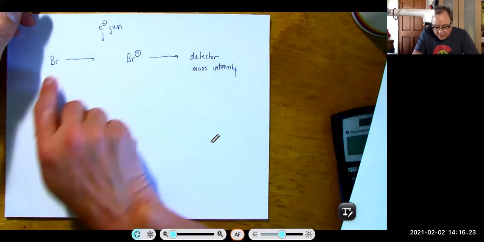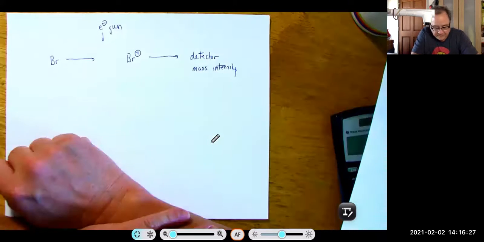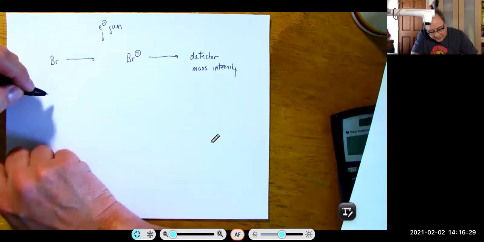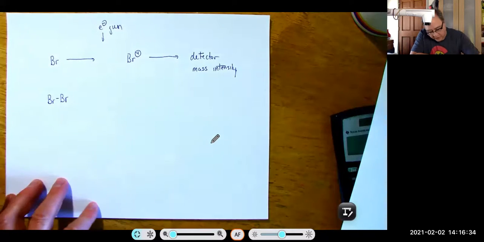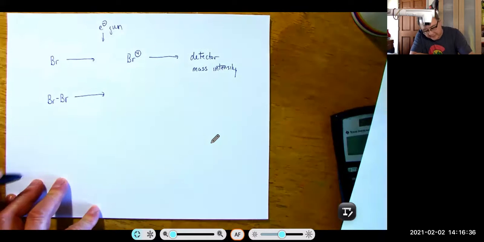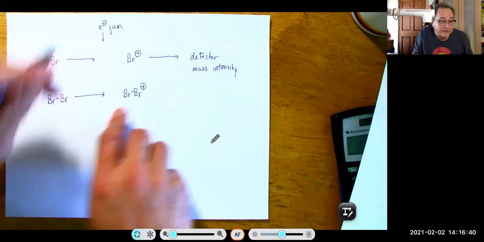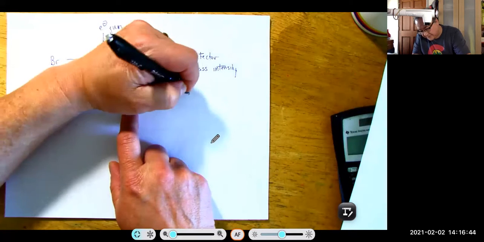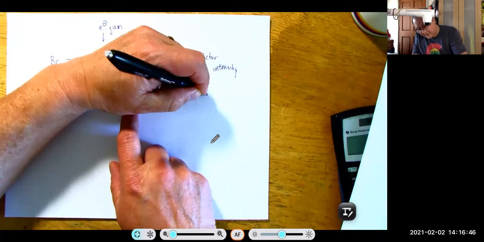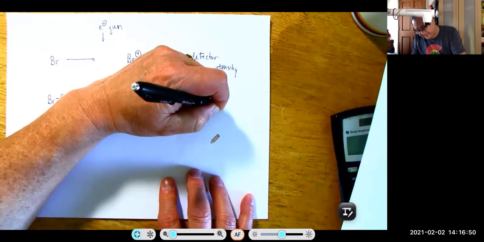So this is what's happening with a bromine atom. Now, what happens if you have 2 bromines stuck together? Well, it goes through your electron gun. They stay together. And then they go to the detector together. And you get the mass and you get the intensity.